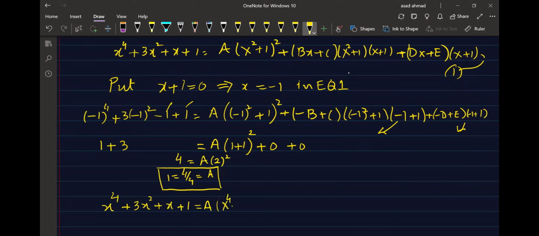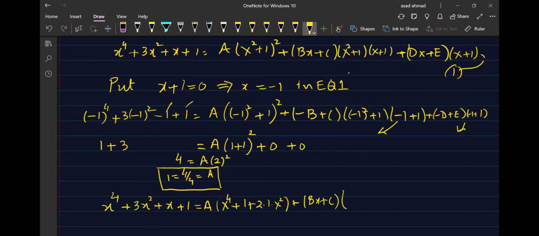We need to expand the whole square of the first term. So always remember that the whole square of two terms is expanded with the formula of a plus b whole square, which returns three terms in the expansion. Similarly, for the second term bx plus c, we don't have any whole square involved in this part.